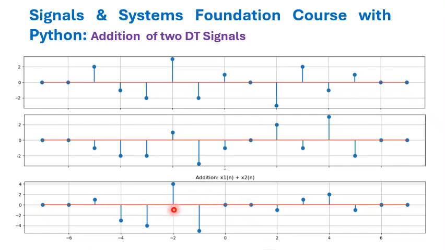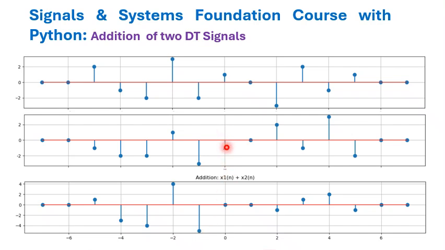Anything above it is positive, and anything below it is negative. Let's jump to -1. At -1 this signal has value of -2, whereas this one has value of -3, so -2 minus 3 will result in -5.